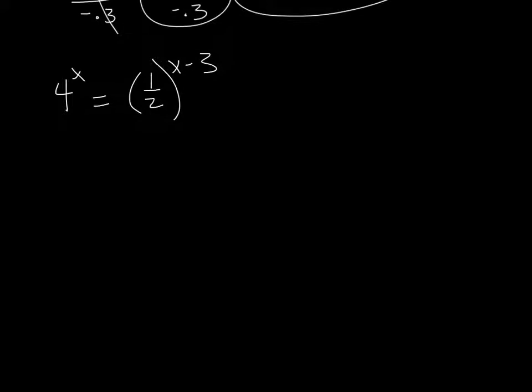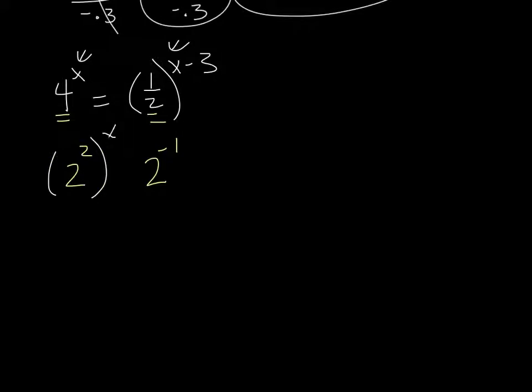One hint to know that I might be equating the exponents is I see that there's a variable on both sides. But at any rate, what I notice is that 4 and 1/2 are both powers of 2. 4 is 2 squared. 1/2, now this one's tricky, this is why I wanted to do this, is 2 to the negative 1. I'm going to leave everything else the same.